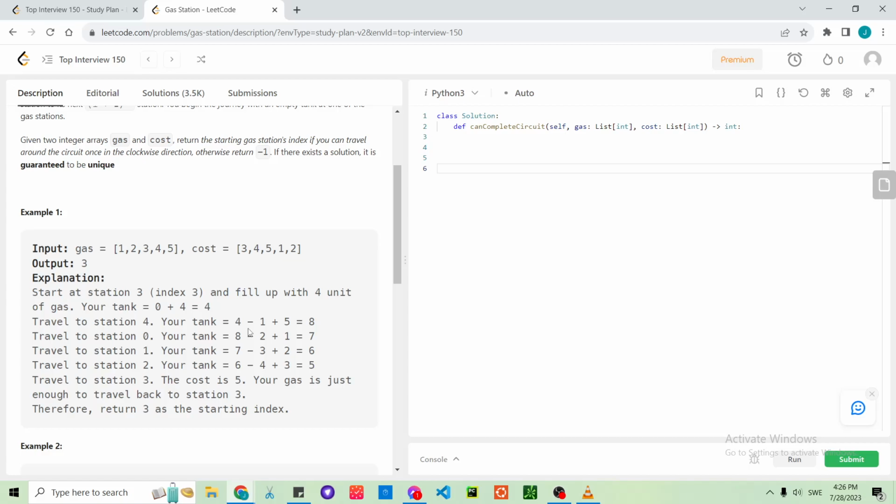So the brute force solution is to try all of them and just go a full circle and see if it works. If it doesn't work, we break right away and go to the next one. Is there any better solution? Not sure if there's any better solution.